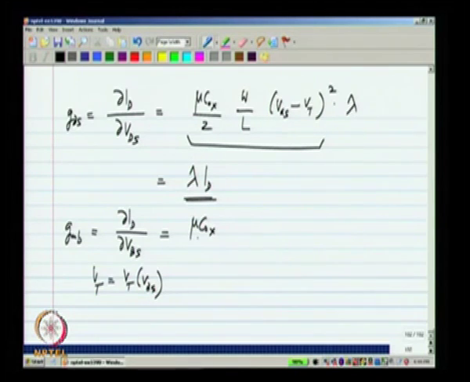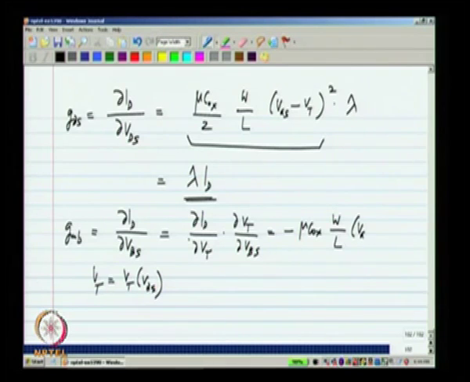So, what we have is, let me use the chain rule, dou ID by dou Vt times dou Vt by dou VBS, which gives me minus mu Cox W by L VGS minus Vt, 1 plus lambda VDS, times dou Vt by dou VBS.